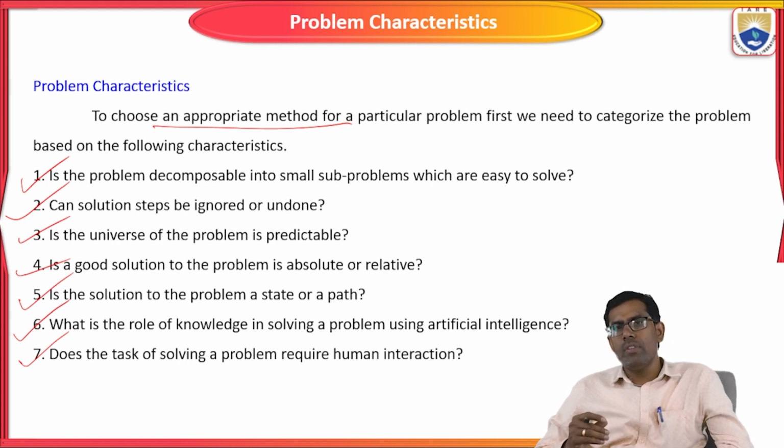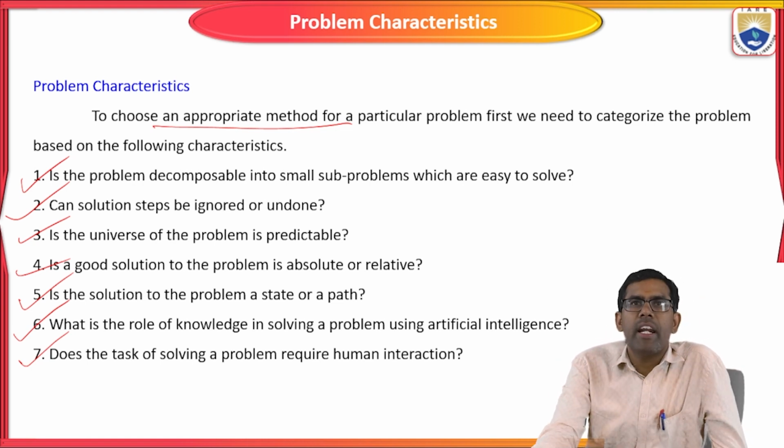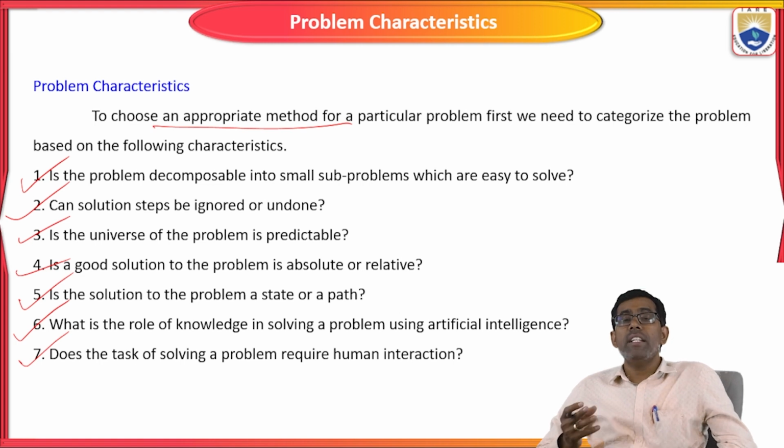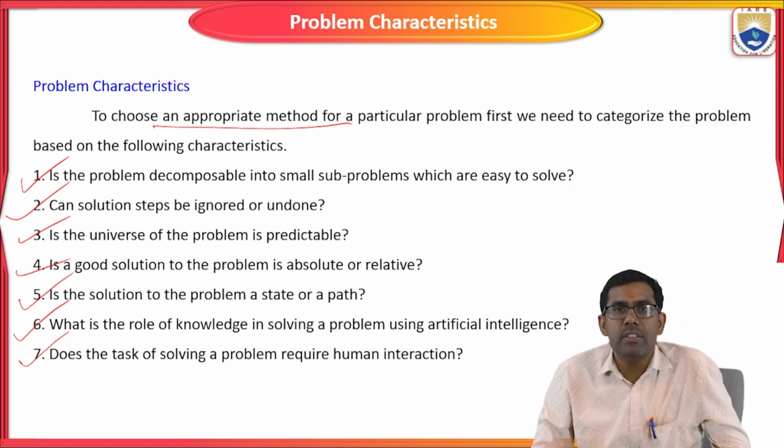If the machine could not complete some tasks without human interaction, whether the artificial intelligence machine solves a particular problem with the help of human interaction or not will be categorized in the seventh one. So these are the set of characteristics or categories of a production system for the searching process. In the next part we will see them one by one.